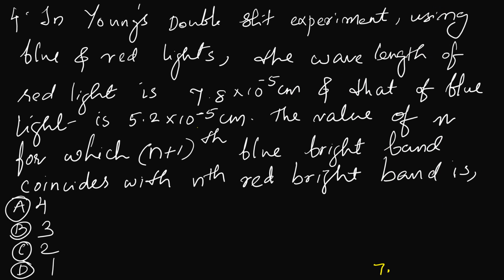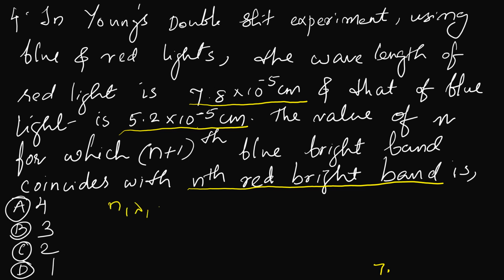In Young's double slit experiment using blue and red light, the wavelength of red light is 7.8 into 10 raised to minus 5 centimeter. That of blue is 5.2 into 10 raised to minus 5. The value of n for which n plus 1 blue bright band coincides with the nth red bright band. For bright bands, we can write n1 lambda 1 equal to n2 lambda 2.